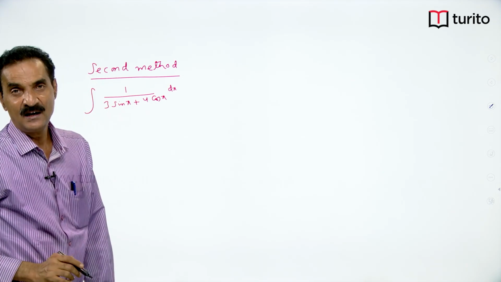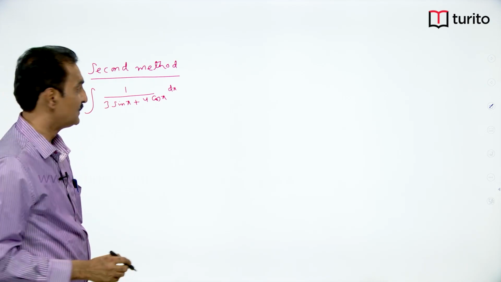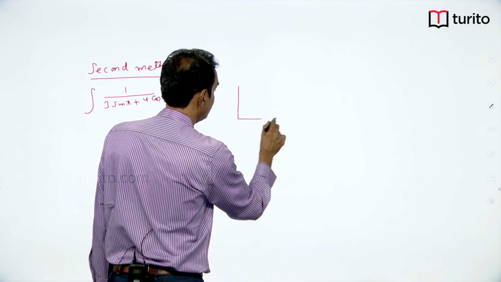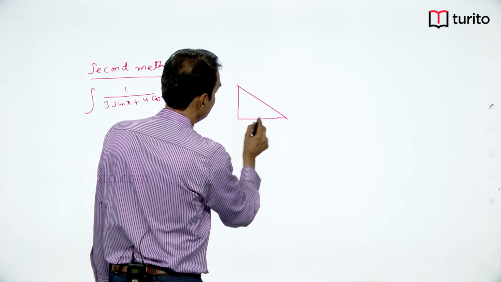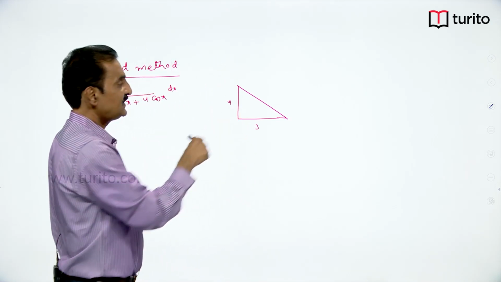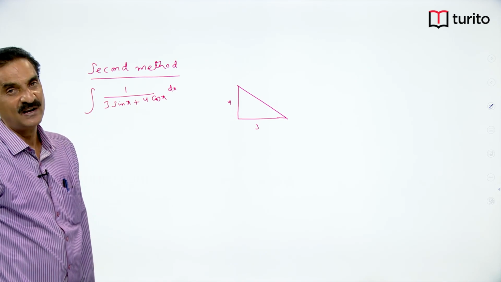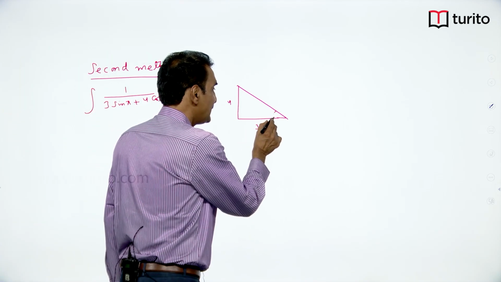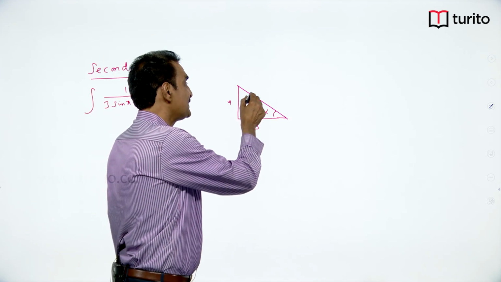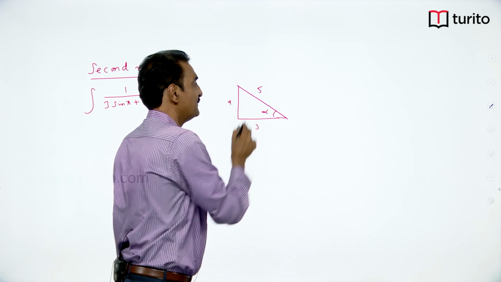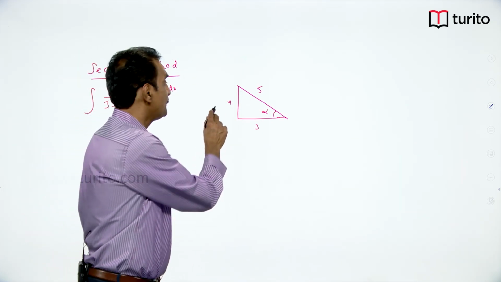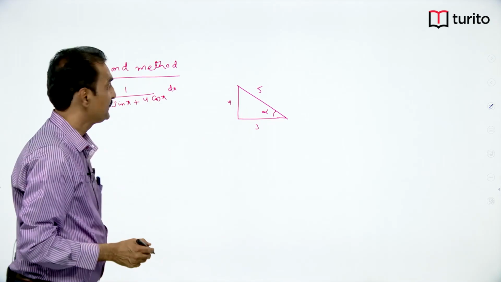Construct a right angle triangle whose sides are 3 and 4. Let this be right angle triangle with sides 3 and 4. Let this angle be alpha, some constant angle. Then what is the hypotenuse? Root over 4 square plus 3 square, 5. Then 3 by 5 will be cos alpha, 4 by 5 will be sin alpha.